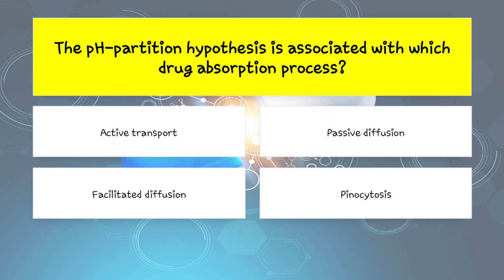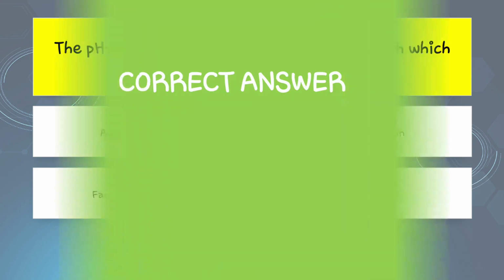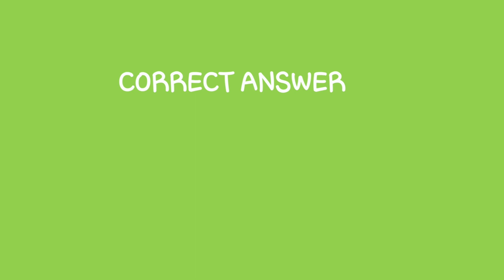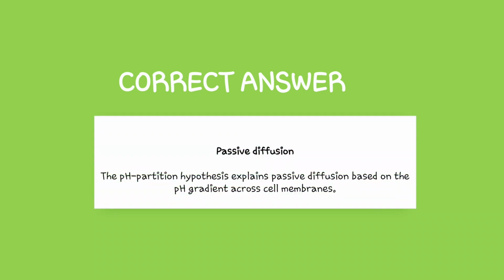Your time begins now. Please stop. Time up. The correct answer for the question is passive diffusion. So pH partition hypothesis explains passive diffusion based on pH gradient across cell membrane.